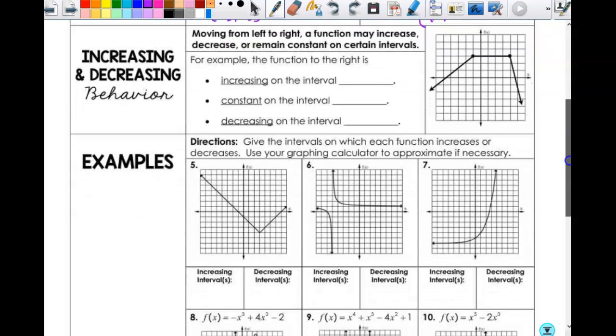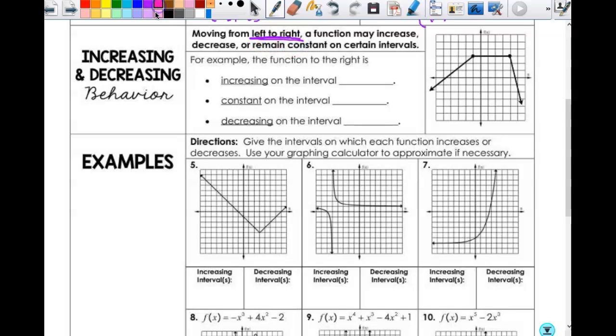All right, so let's look at increasing and decreasing. At the same time, when writing things down, people get things backwards and confused sometimes. So that's important.